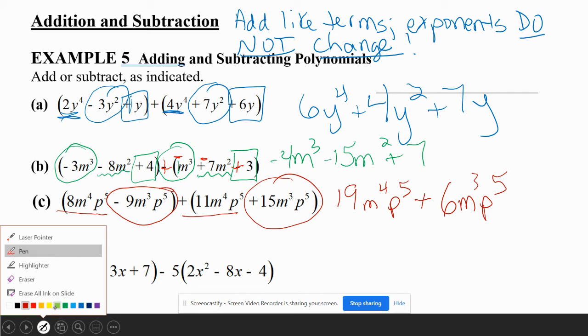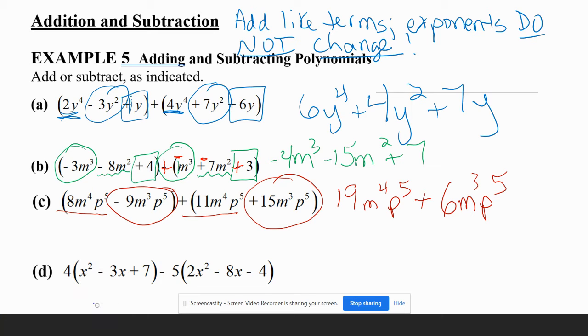For letter D, let's see, purple. I need to start with distributing so we can free up the parentheses and find out what all we have there. So 4 times x squared is 4x squared. 4 times negative 3x is negative 12x. 4 times 7 is positive 28.